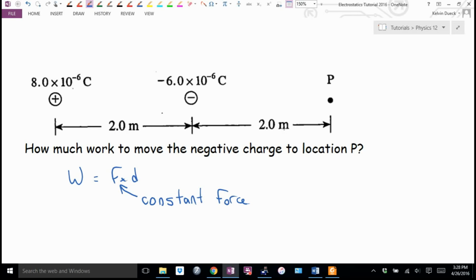It reduces. It's weaker. Changing force. We have to go with our bigger, more universal definition of work. Same idea here. Force times distance is changing because the force is not constant.